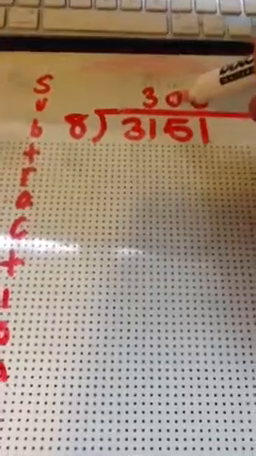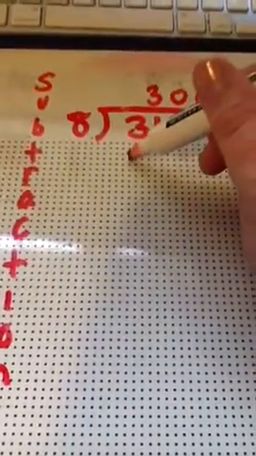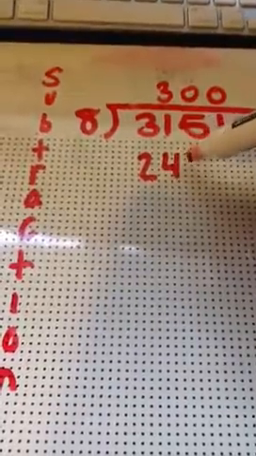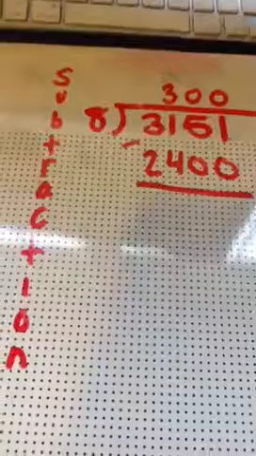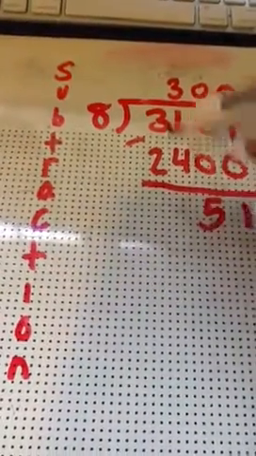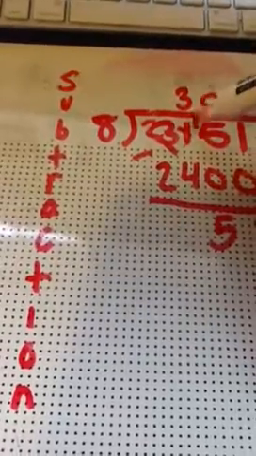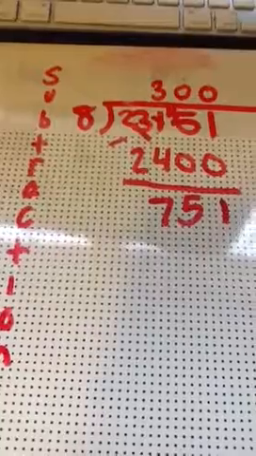Okay, so you're going to go ahead and just fill this in all the way across, and then you're going to multiply, okay, and you get 2,400, and now you're going to subtract. Okay, and you end up getting 751.